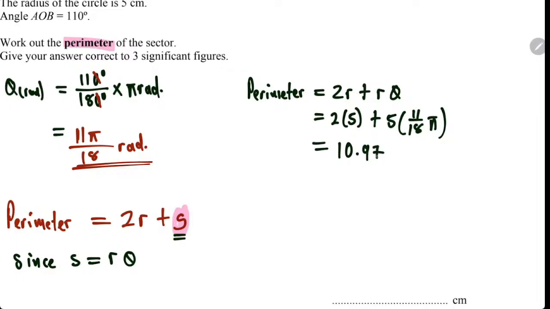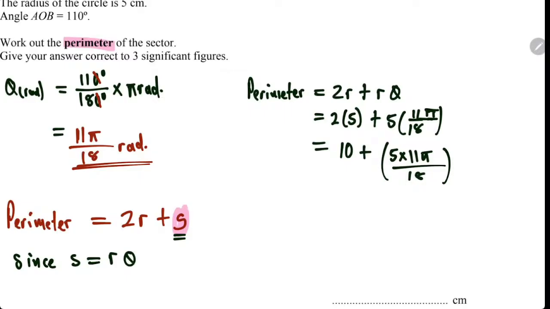So how you get the answer is you say 5 times 2, you get 10 plus. Here you say 5 times 11. This is 11 pi, by the way. So 5 times 11 pi, then divided by 18.